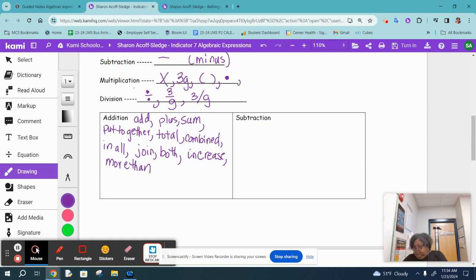Increase, more than. Larger than. Bigger than. Okay, I got join, more, in all, increase, both, more than. And they're back there on those things if you think of any more.